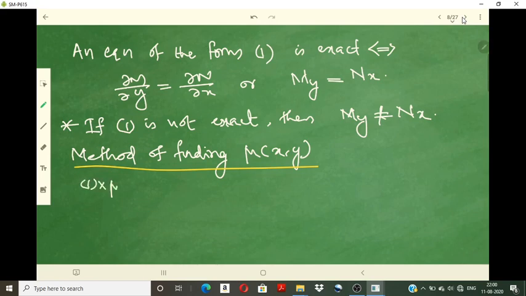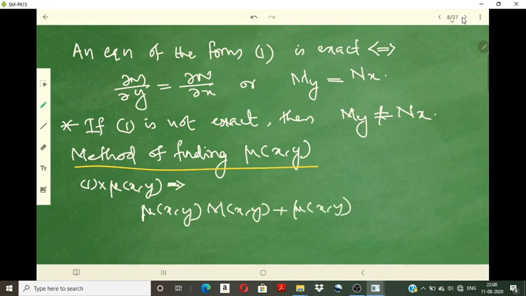So equation 1 times mu of x, y gives mu M dx plus mu N dy equal to 0, and this equation is exact because we have chosen such a function mu.